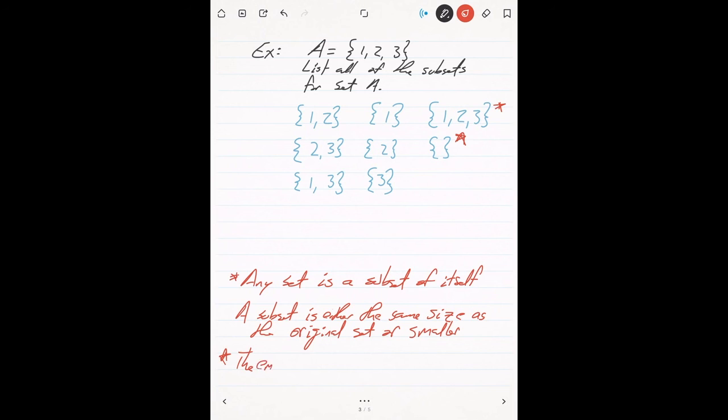The empty set, or the null set, is a subset of every other set. So anytime you're listing subsets of a set, the null set happens to be one of the subsets. So we literally could write here that the empty set is a subset of 1, 2, and 3.